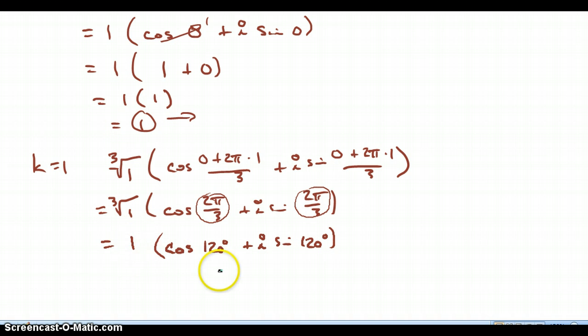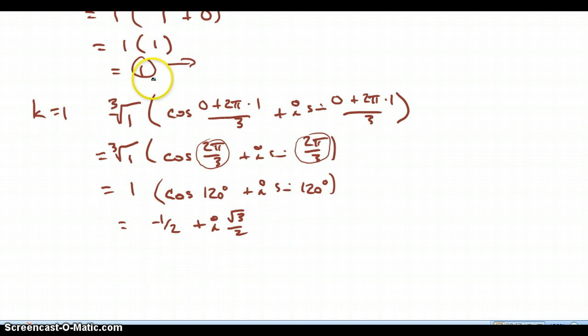This cube root of 1 is just 1, so this will just be whatever's in the parentheses. Cosine of 120 is negative 1/2. And then plus i times the sine of 120, which is the square root of 3 over 2. That is our second root. So we've got 1, the real root, and then the first imaginary one that we see is there.